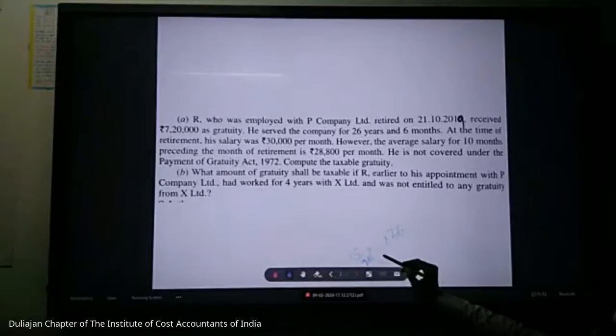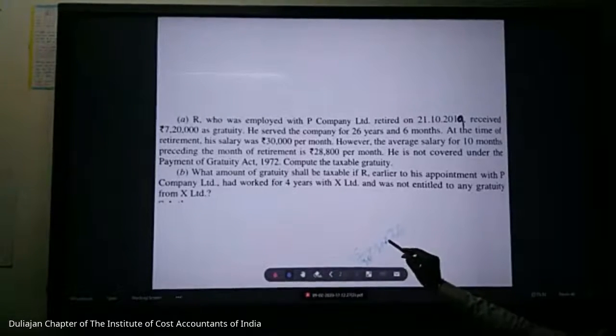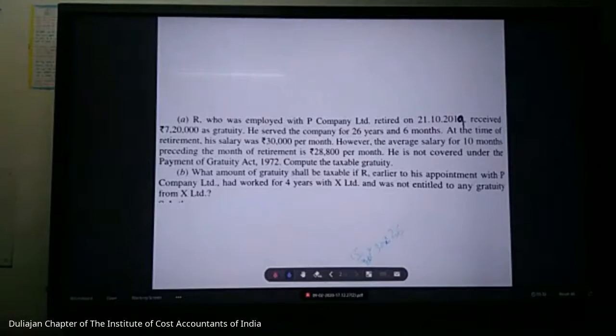Last one is 30,000. 30,000 into 26 into 15/26. 4,50,000 minus how much was the gratuity? 7,20,000. So 2 lakh. Okay, very good, Mosamira.